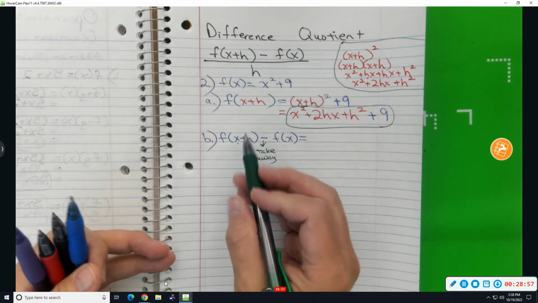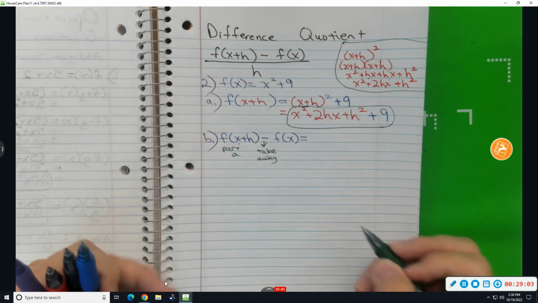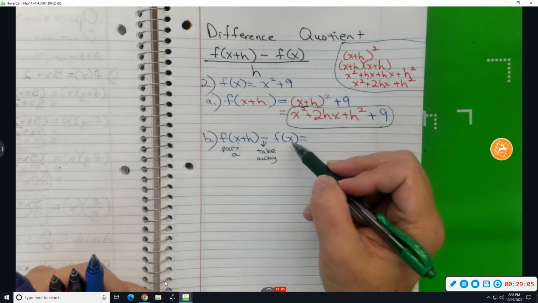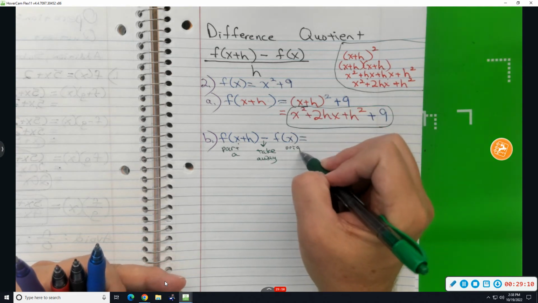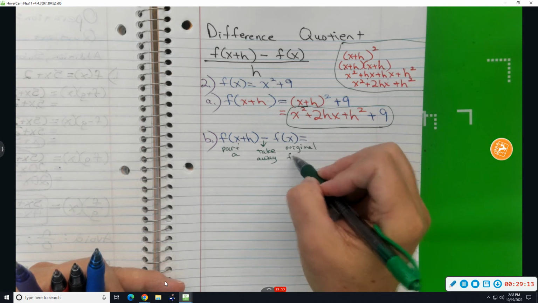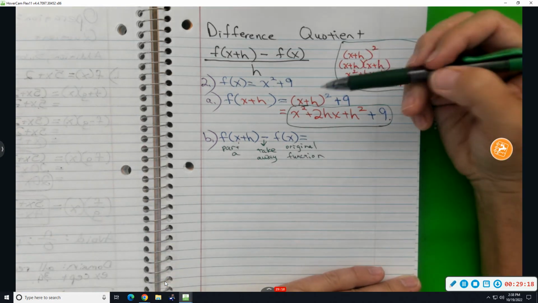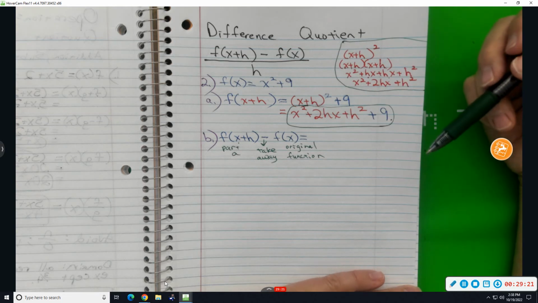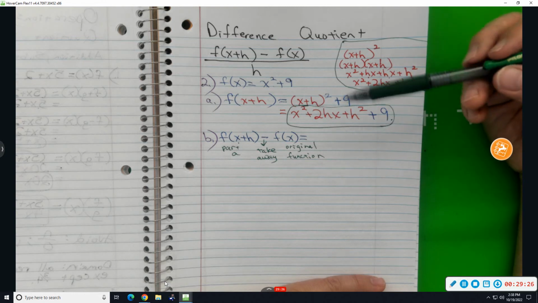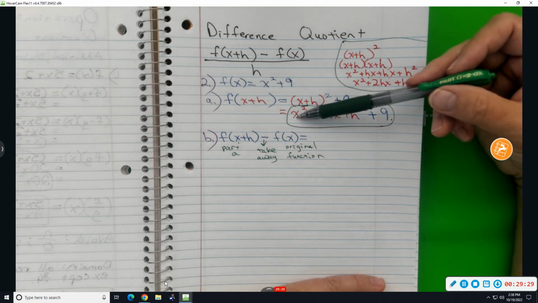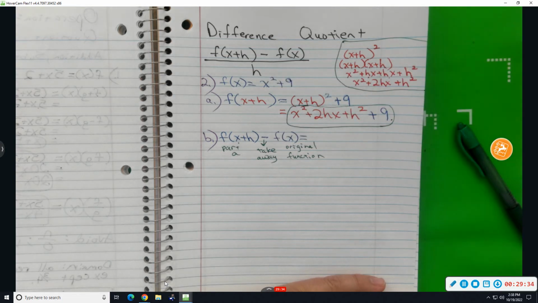So f of x plus h, that's what we found in part A. So it says take your answer in part A, and take away f of x, the original problem. You take what we just found and take away the original terms. Which terms are about to drop off? Well, we'd have an x squared minus an x squared. So the x squared is gone.